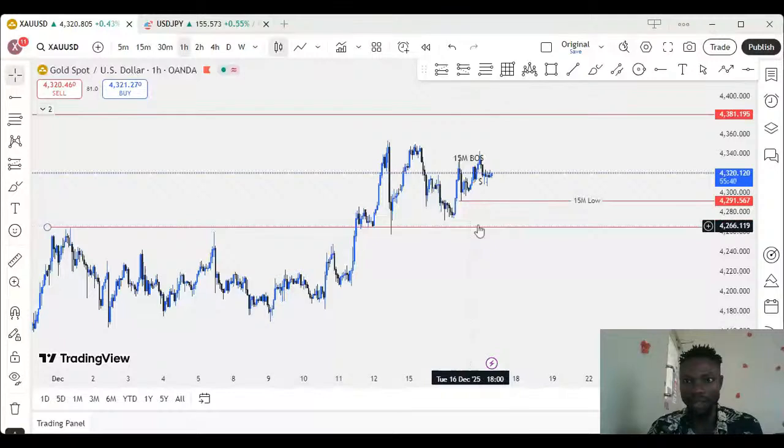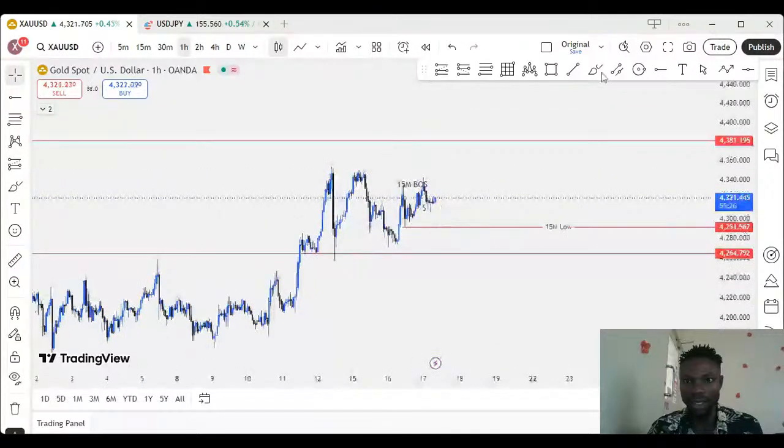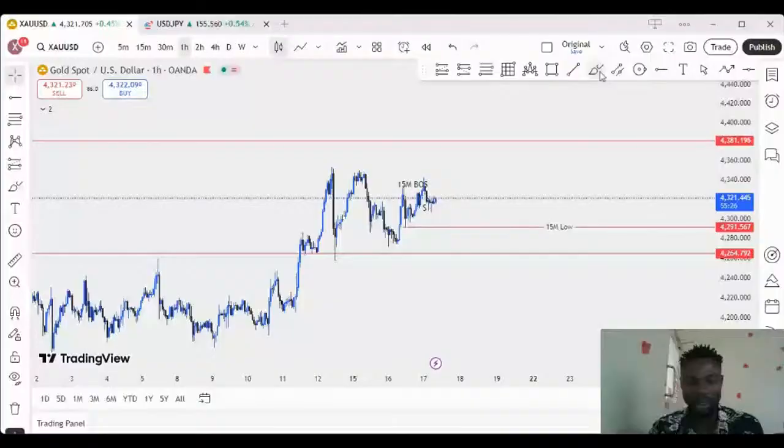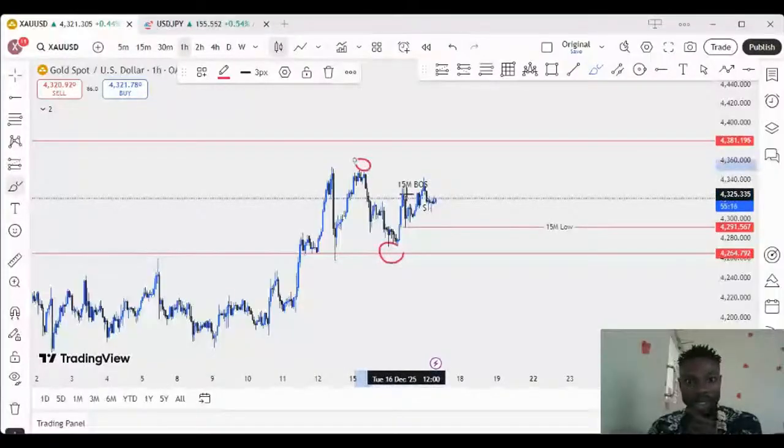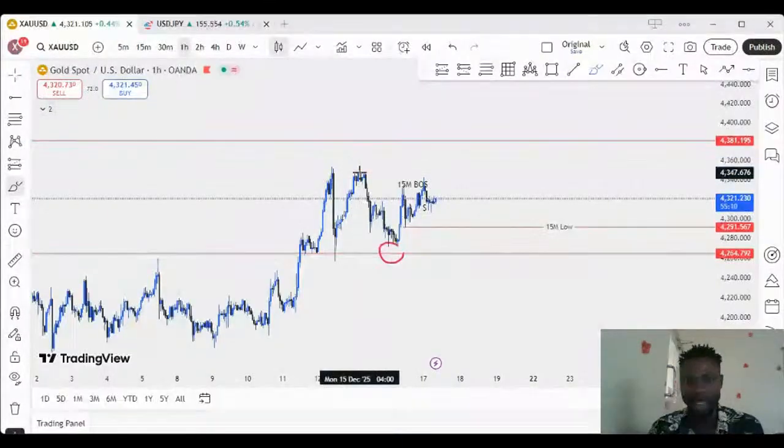You can see that the market has retested it here. So in this New York session, I'll be expecting gold to come and take out this high here, to come and retest this high before we can have anything like a sell, a pullback to the 4 hour zone.